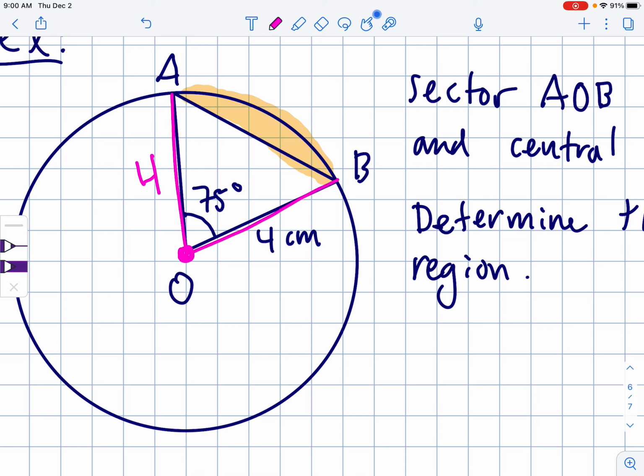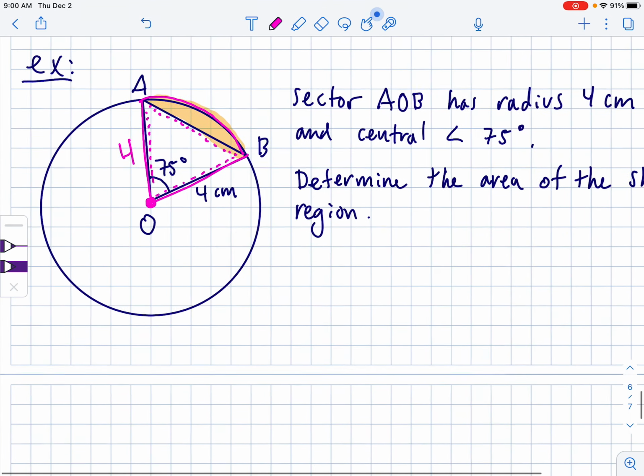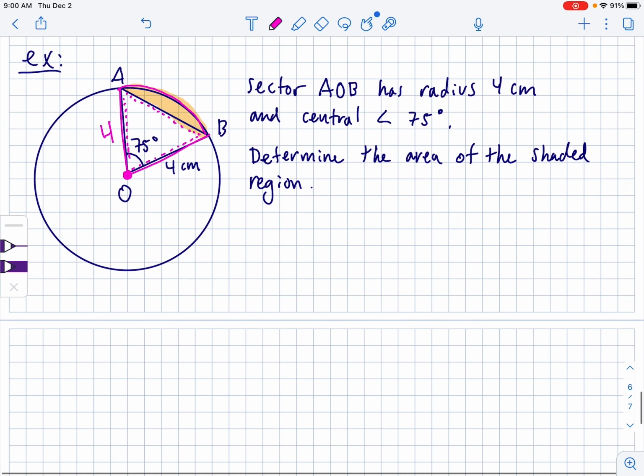I can find the area of the sector, and then I can find the area of this triangle. And if I subtract out the area of the triangle from the sector, I'll get that little crust that's left over, keeping with my pizza analogy.